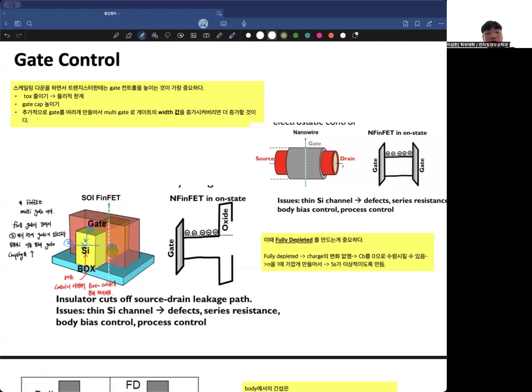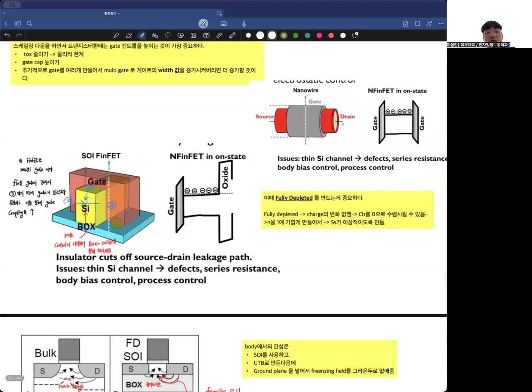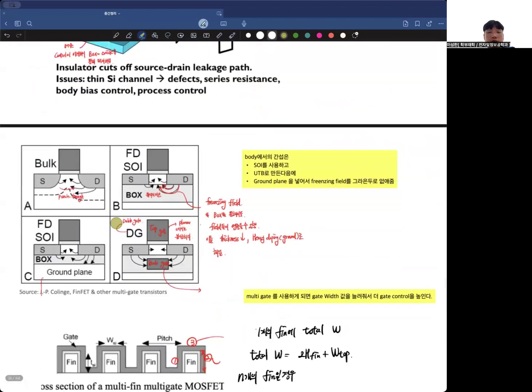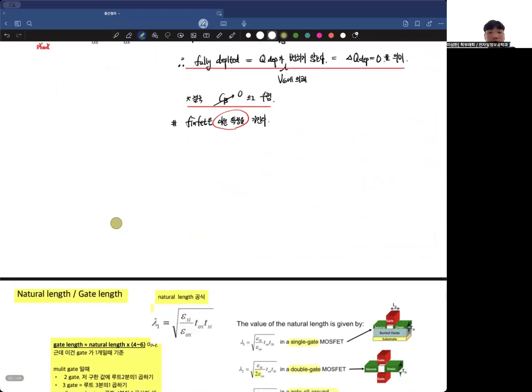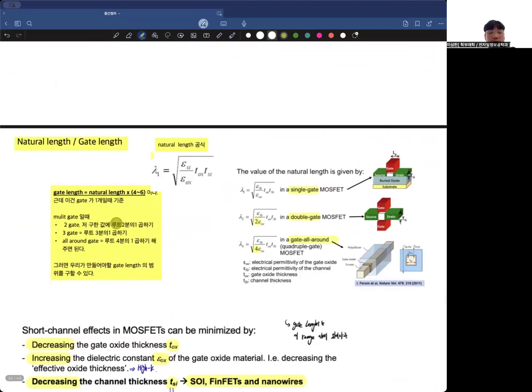And FinFET is like a Si body covered by the gate on three surfaces, which means a three-gate device. So this is good for gate control, and this is a much more ideal device.